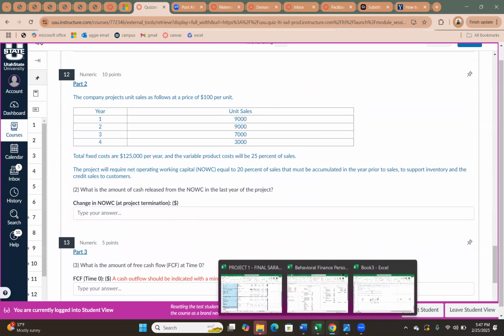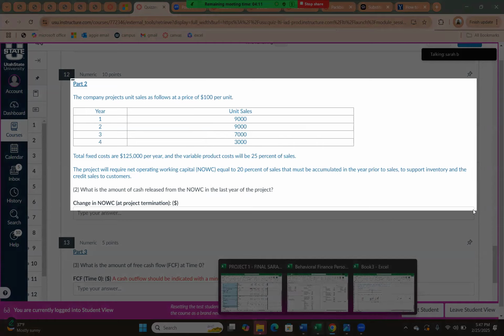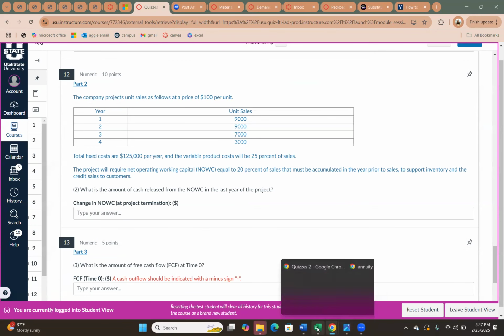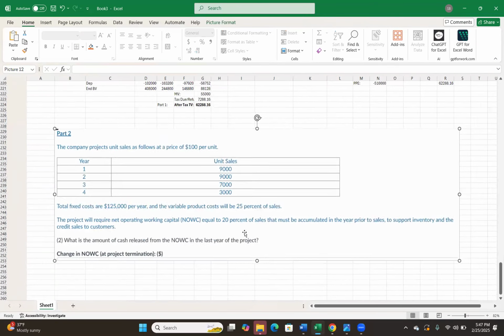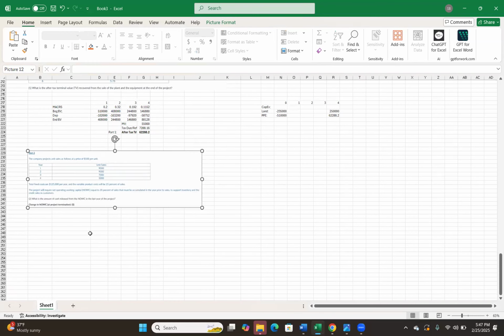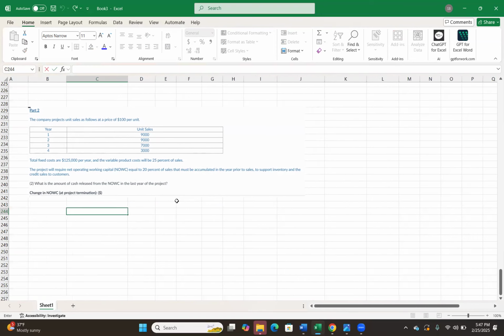is, let's screenshot this. Okay. It's got to do with net working capital, so let's paste this in. Okay, $100 per unit. Hold. Okay, there we go. Why does my computer do this?